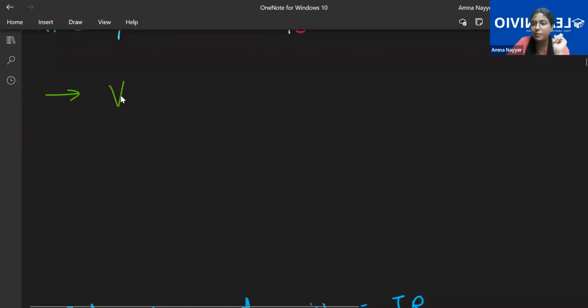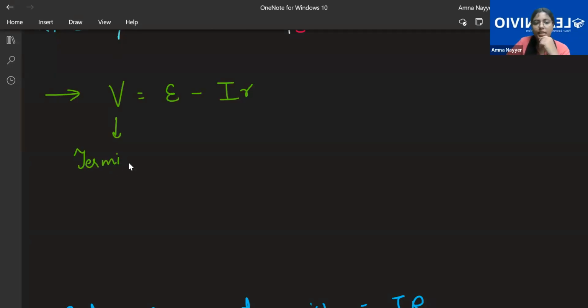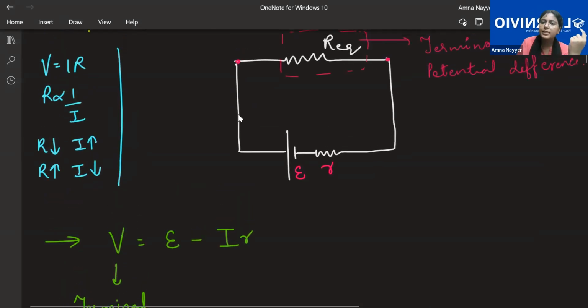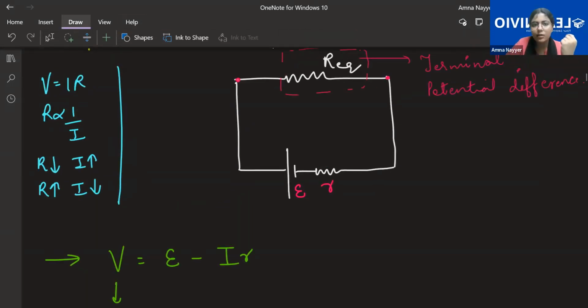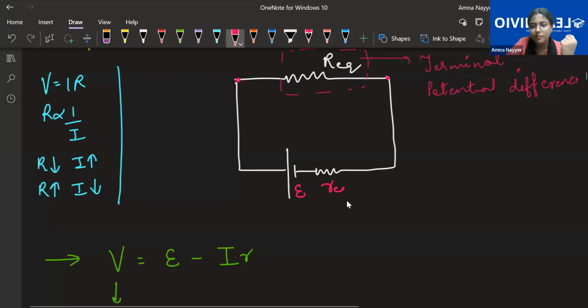Okay. Now see, the basic formula for the terminal potential difference is EMF minus current into internal resistance. This is the formula for the terminal potential difference. What is V? This is the terminal potential difference. But what if I don't want terminal potential difference? I just want the current and this is my circuit. Here I'll get some R equivalent also. Let's consider only one.